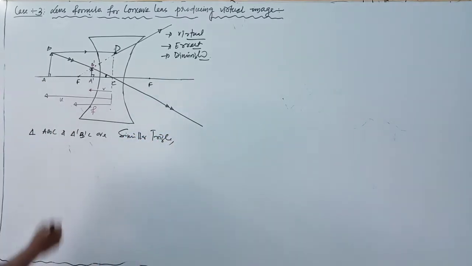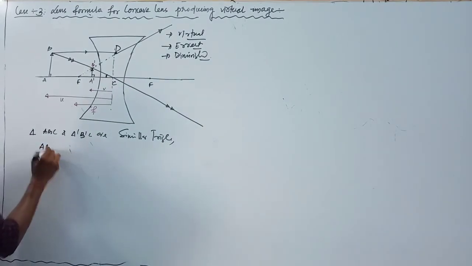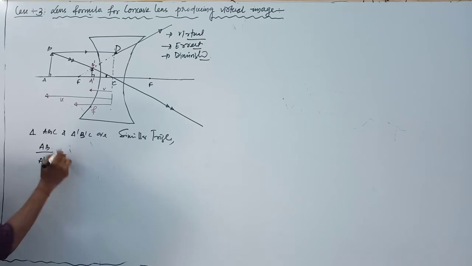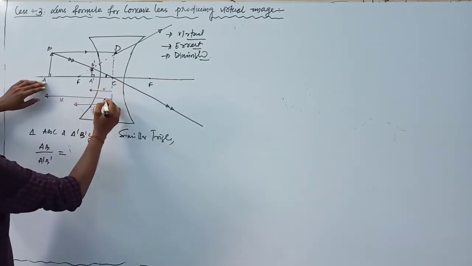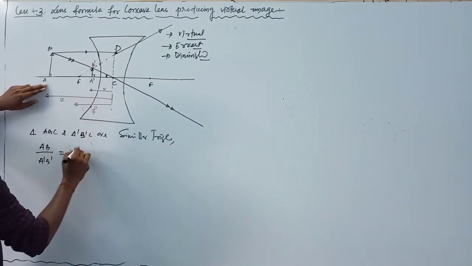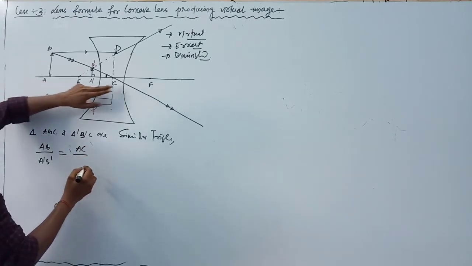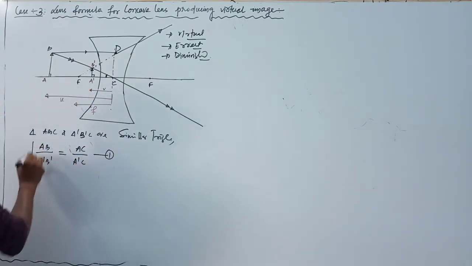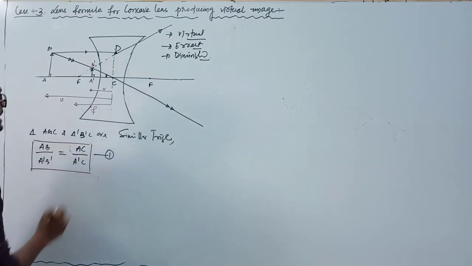For similar triangles we can write the relation AB divided by A'B', which is equal to, because C is the common point, AC divided by A'C. This is equation number 1.